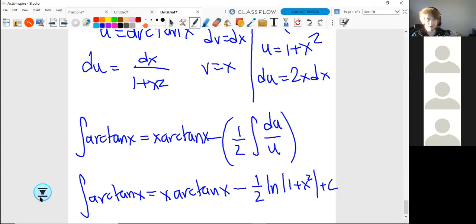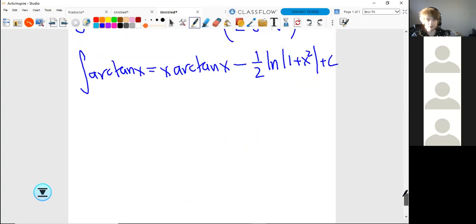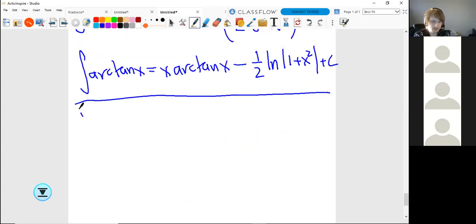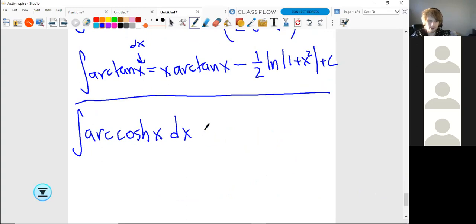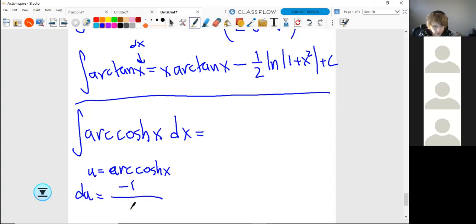All right. So let's do, what is this integral? dx. I should have put the dx there. It actually means something with the dx. So we know that if u is equal to arc hyperbolic cosine of x, then du is equal to 1 over the square root of 1 plus x squared.